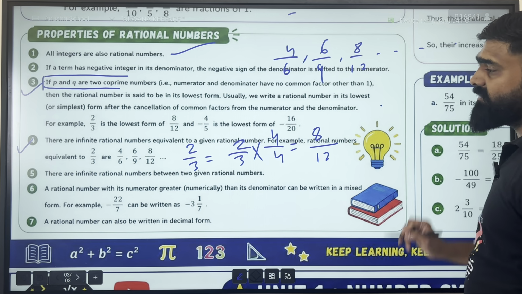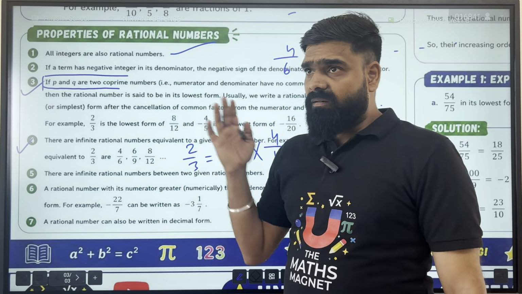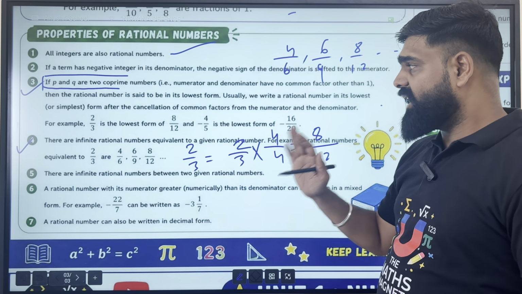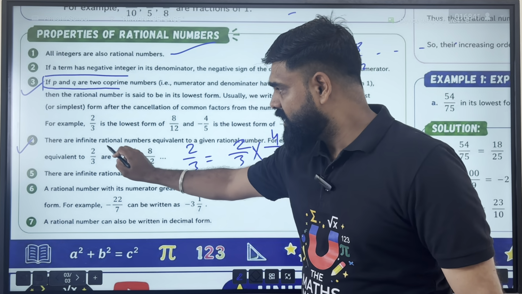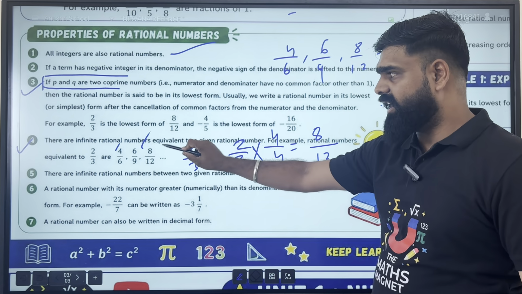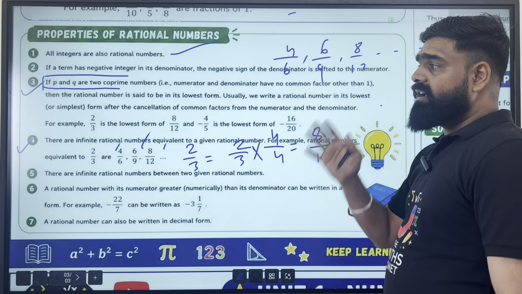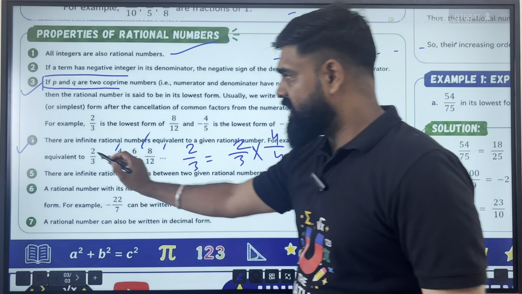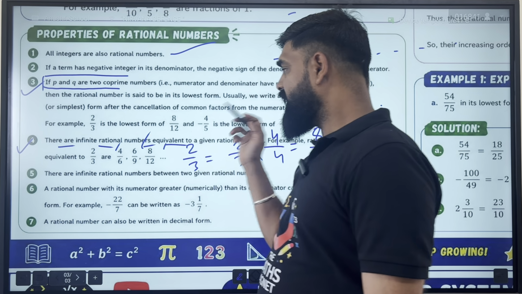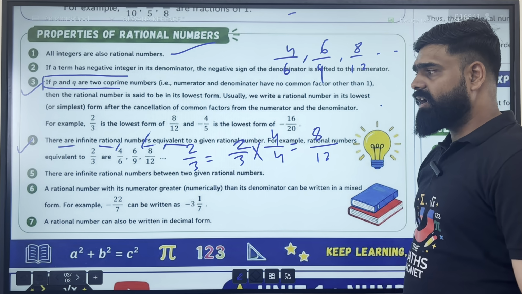So we will have infinite equivalent numbers: 4 by 6, 6 by 9, 8 by 12. There are infinite rational numbers equivalent to the given rational number.